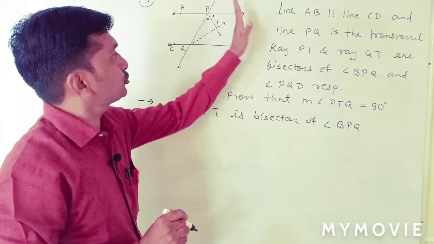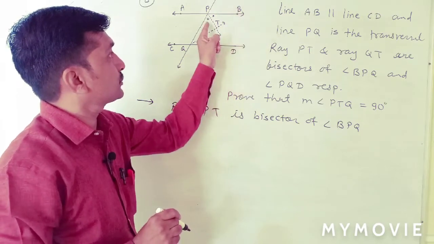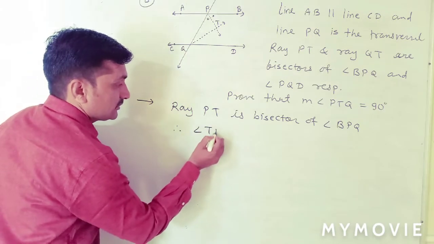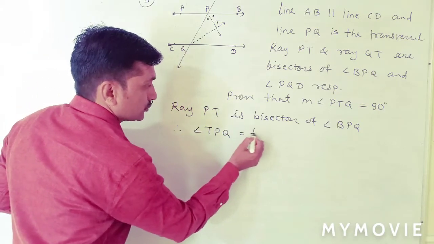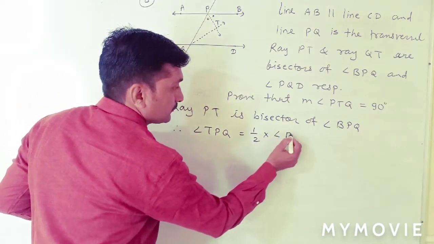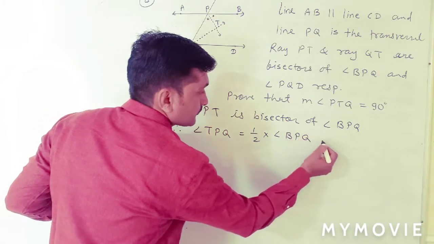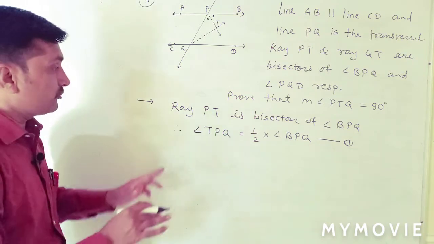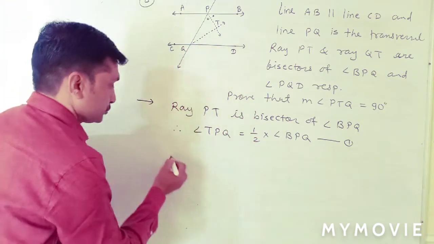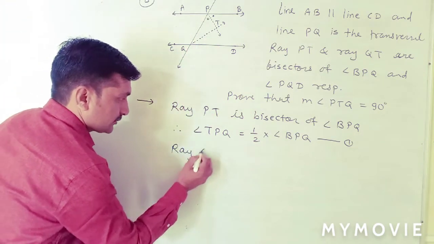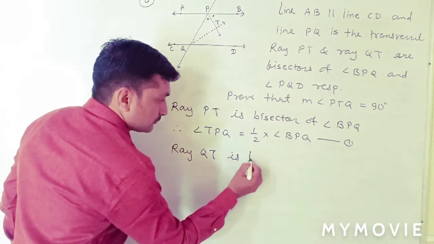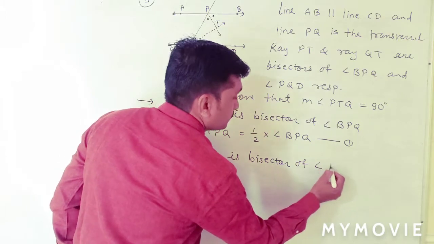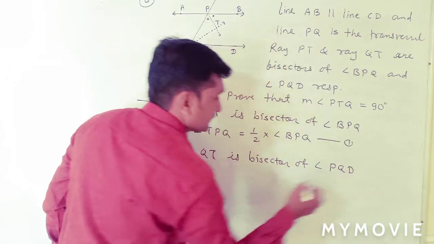But we don't want the exterior, we want the interior. For TPQ we can write angle TPQ is equal to half of angle BPQ. Number 1. Same way, ray QT is the bisector of angle PQD.